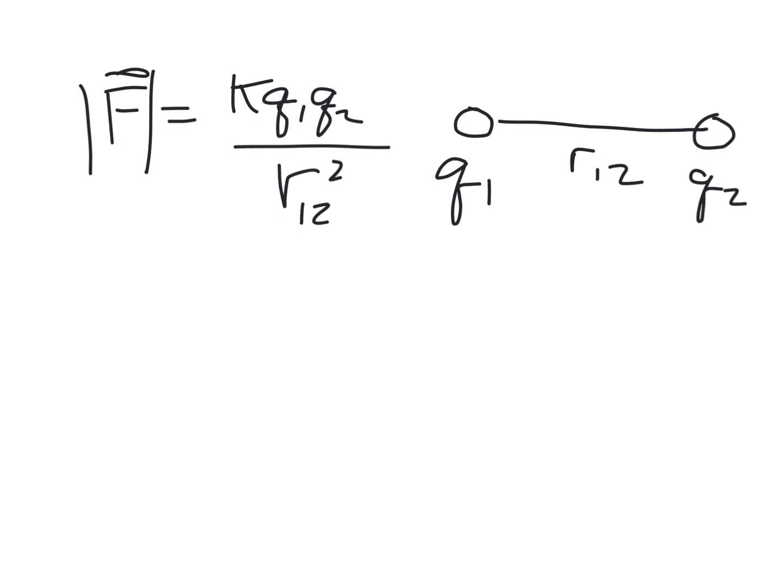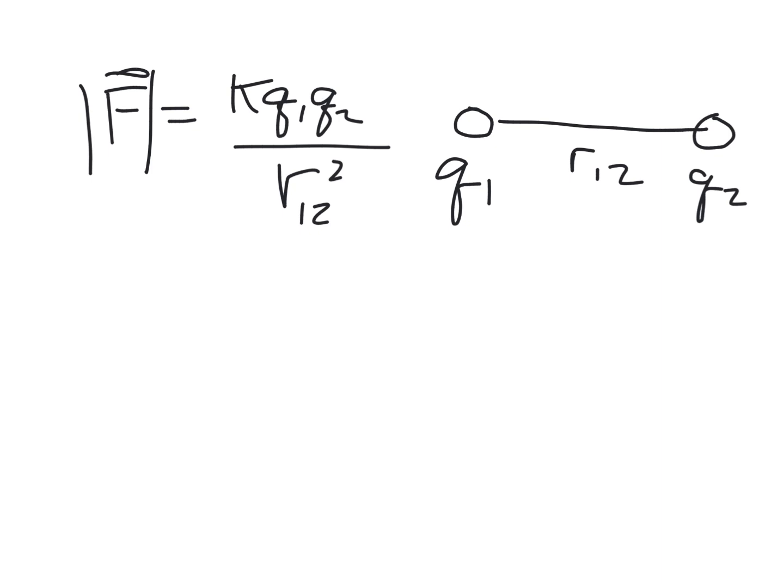And so that's the magnitude of the force. What's the direction of the force? It depends on whether the charge is positive or negative. If the two charges have the same kind of charge, they're both positive or they're both negative, the force is going to be repulsive. If the two charges are opposite, then the force is going to be attractive.